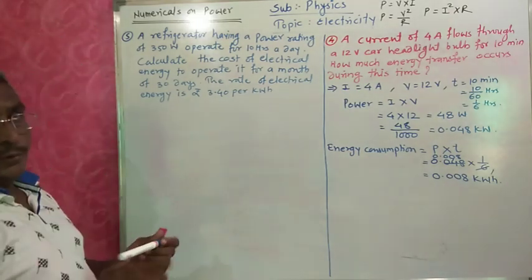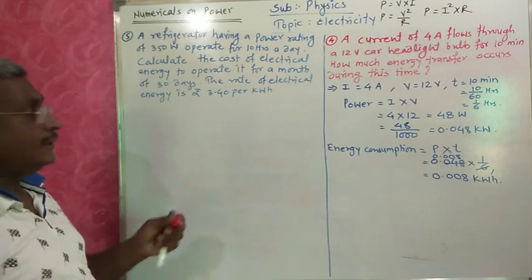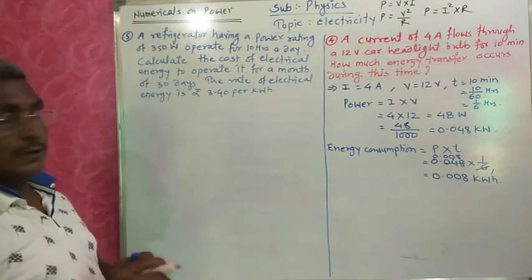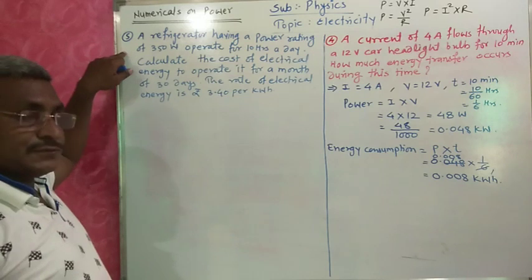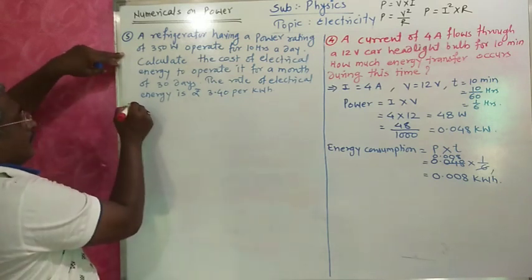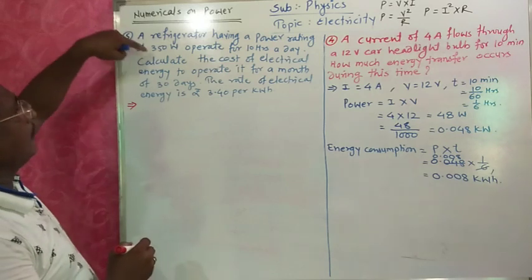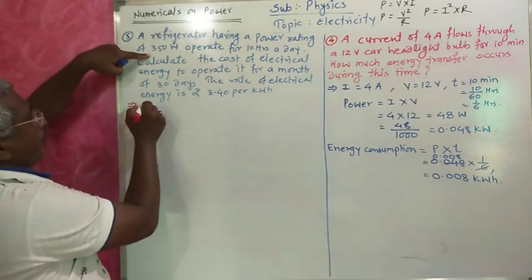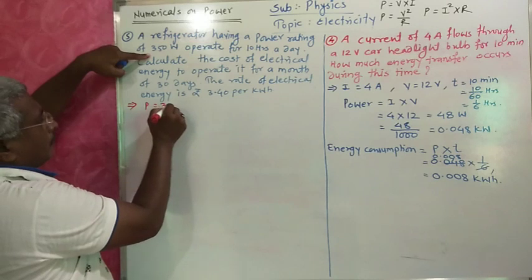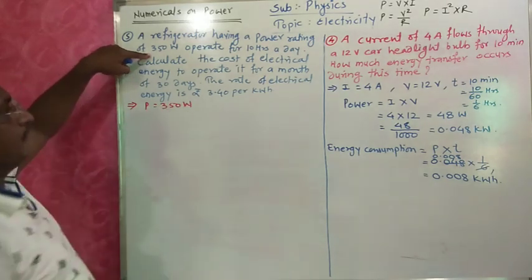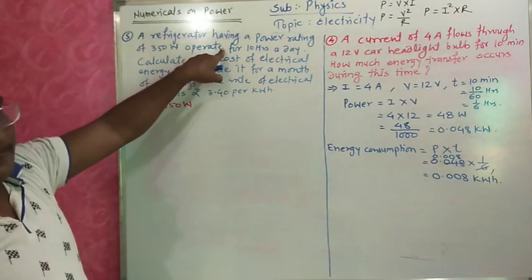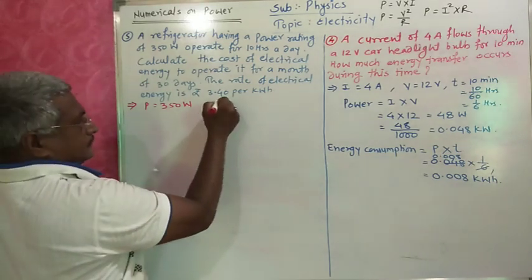Now first, as per the example, we write the given part. What is the given part? Power is given 350 watts. Time is given 10 hours.